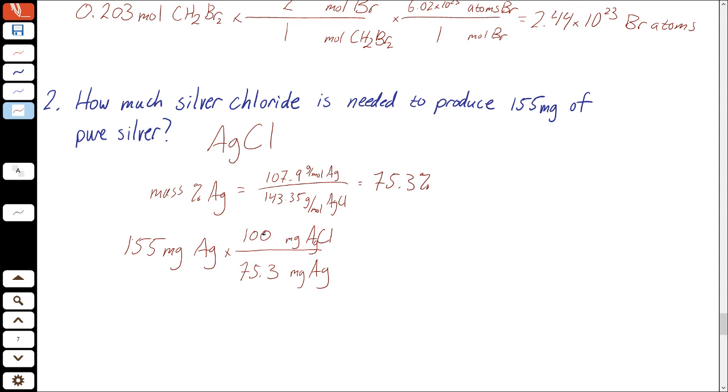Notice that I'm just staying in milligrams here instead of grams because the question doesn't specify what unit to put it in, so we might as well save ourselves a conversion and just keep it. As long as the units are constant, a percent is a percent. So percent, milligrams in 100 milligrams, grams in 100 grams, pounds in 100 pounds, all of that is still percent as long as the units are the same.